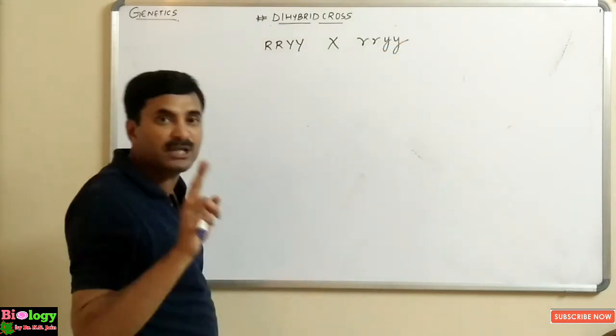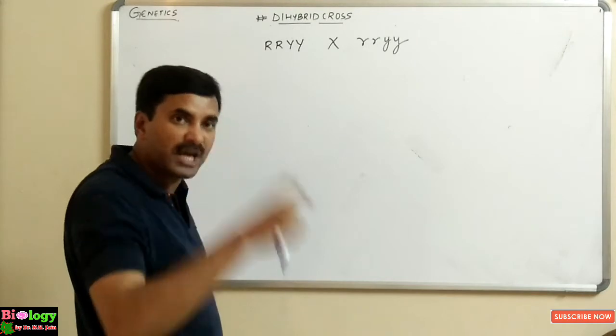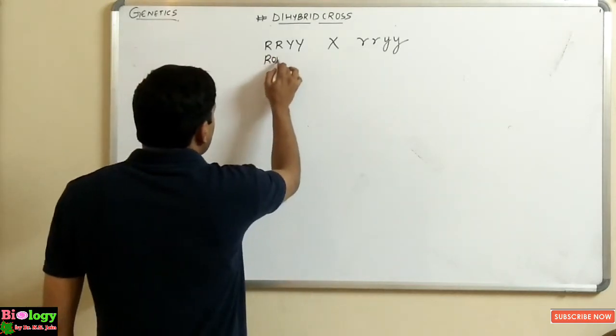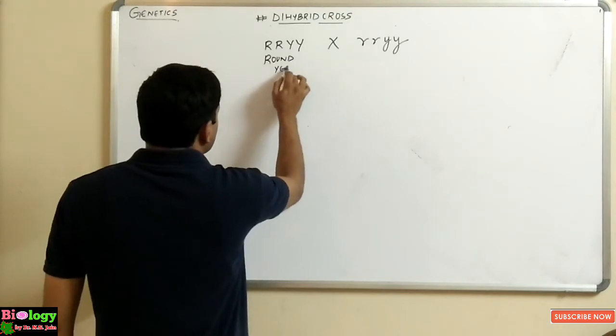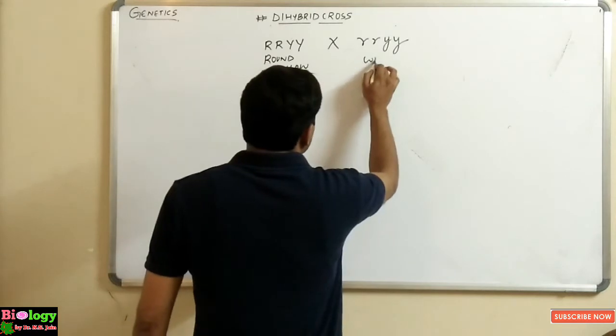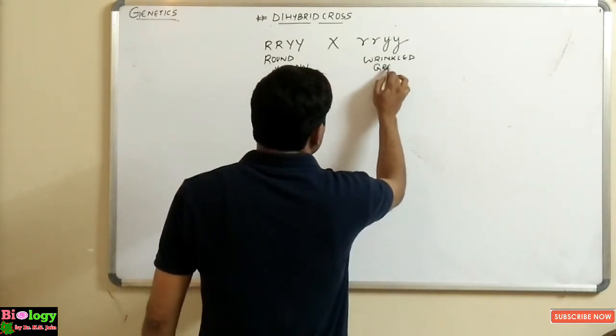I have taken two characters here, one is seed shape and the other is seed color. This is the round and yellow seed, and this is the wrinkled and green seed.